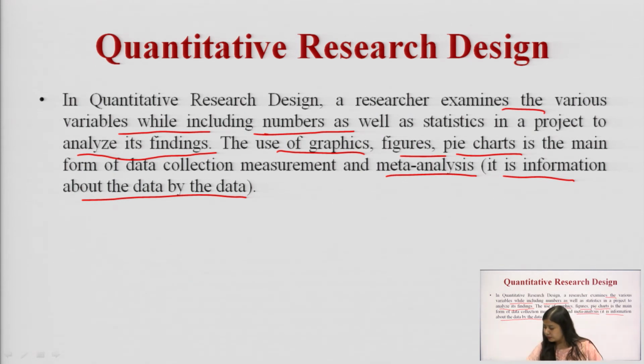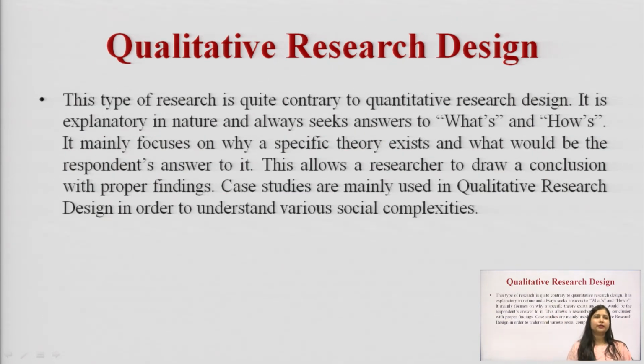Next is your qualitative research design. As the name suggests, quality. When you want to know why people purchase that product and what is the reason behind purchasing it, here we are talking about quality, or when you are dealing with the reasons of the customer purchasing the product, these types of studies come under your qualitative research design.